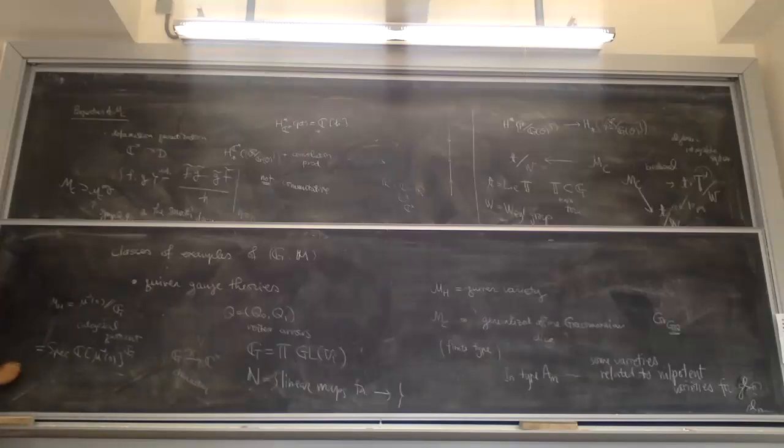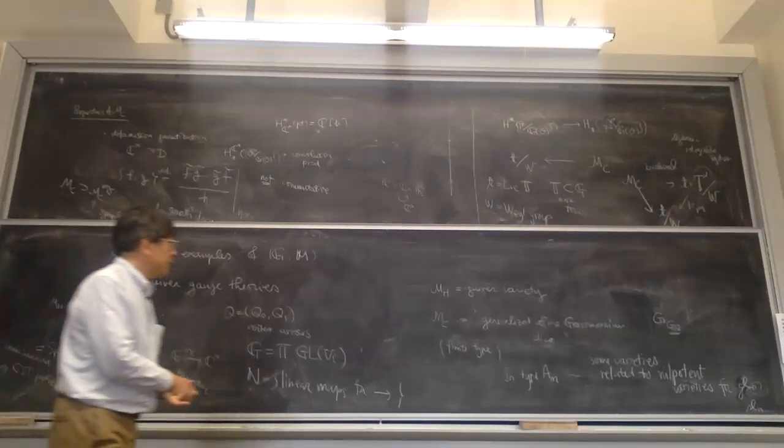So this is called the GIT quotient. And by this construction, you can construct the resolution of singularity for the Higgs branch.